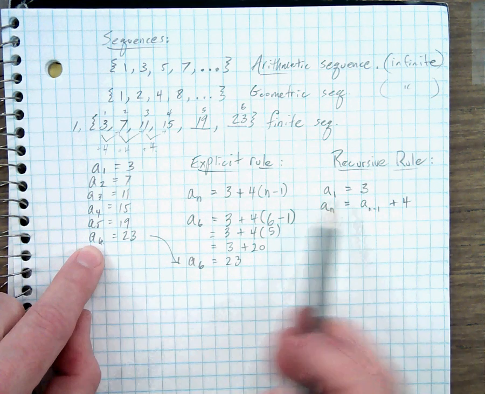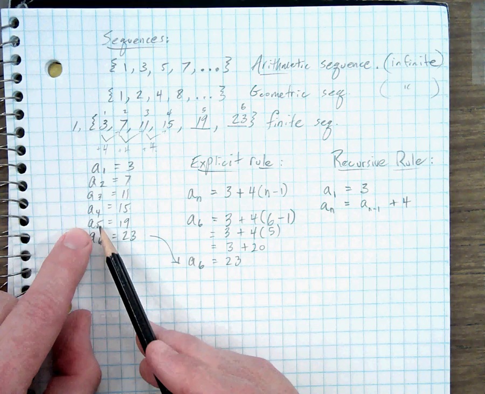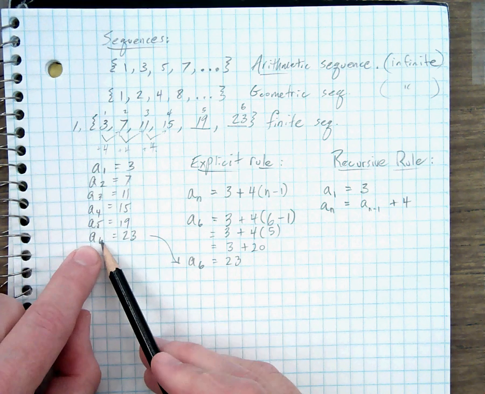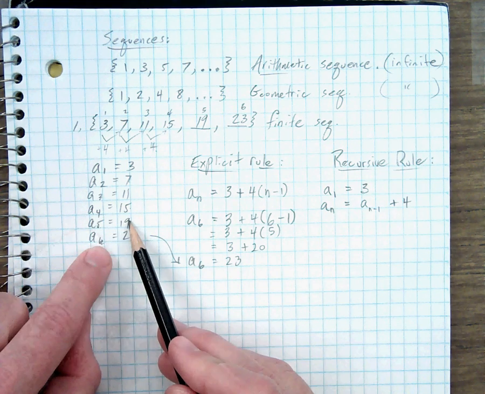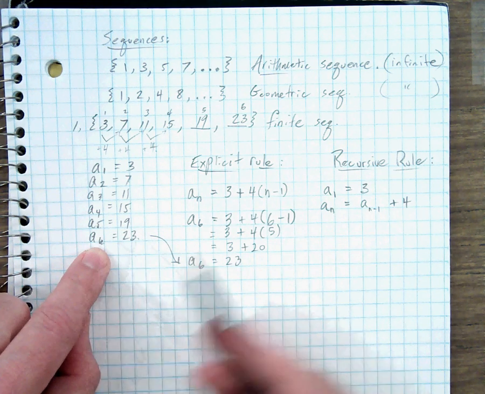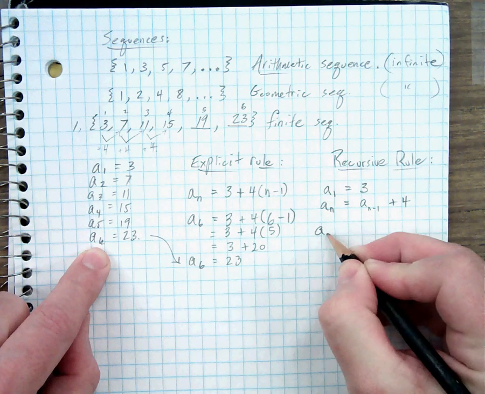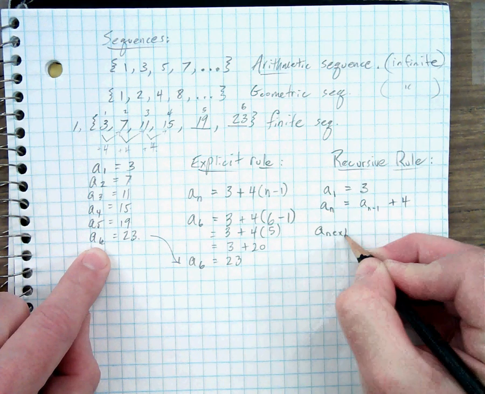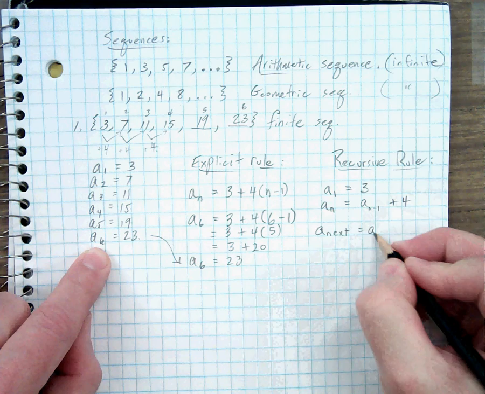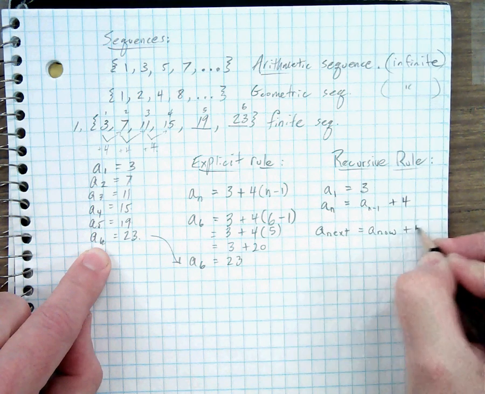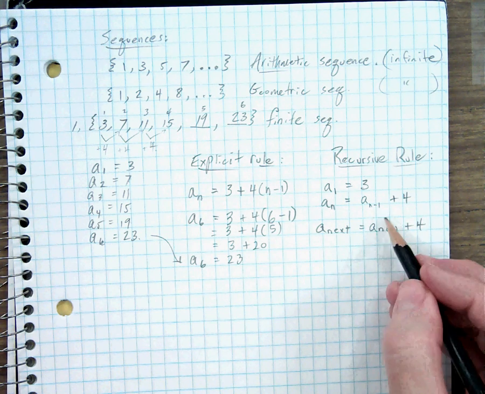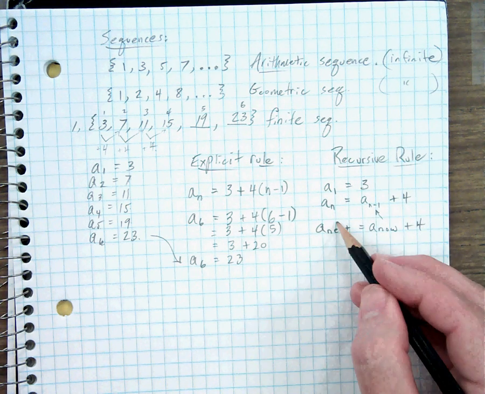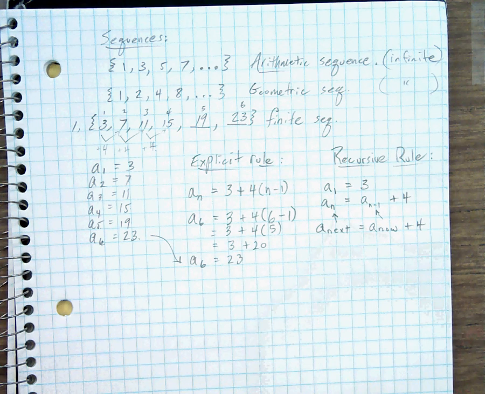The recursive rule says, if you know the 5th number, I'll give you the 6th number. It's saying basically, if you know the 5th number, just add 4 to it, and that'll give you the 6th number. It's sort of like saying, to get the next number, take the number you have now and add 4 to it. So the now is the n minus 1, and the next is the n. Right? So that is the recursive rule.